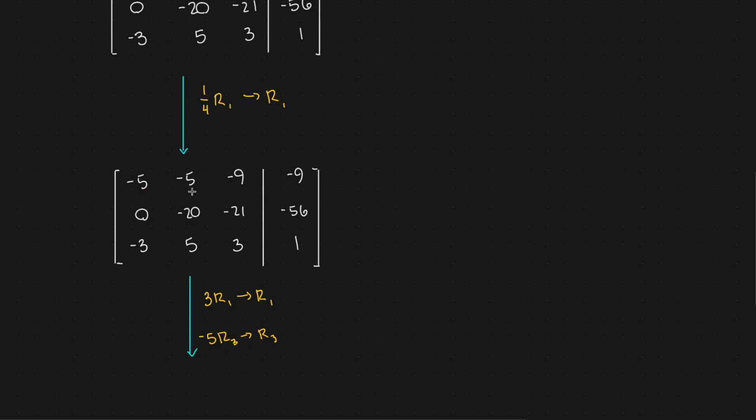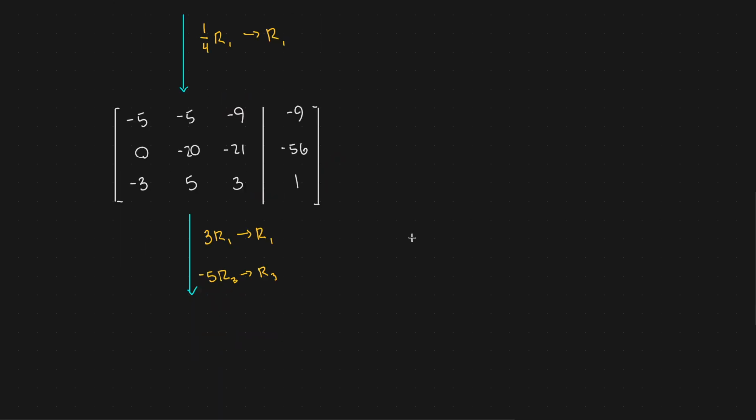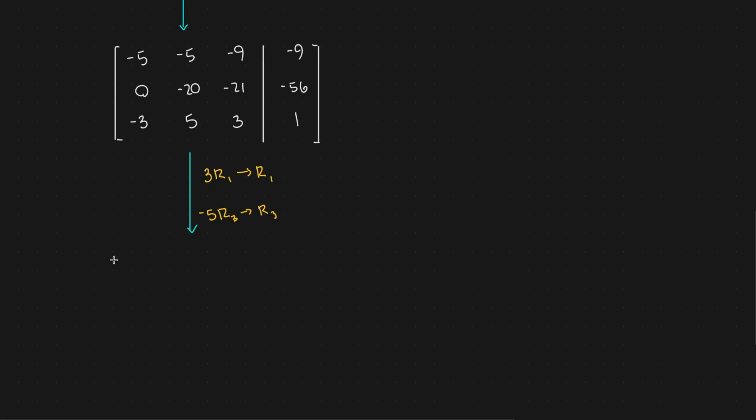Notice I don't really care what's happening at the rest of the row now. I'll worry about that later. I'm just focusing on that first column. So row 1 becomes negative 15, negative 15, negative 27, negative 27. I'm leaving row 2 the same.